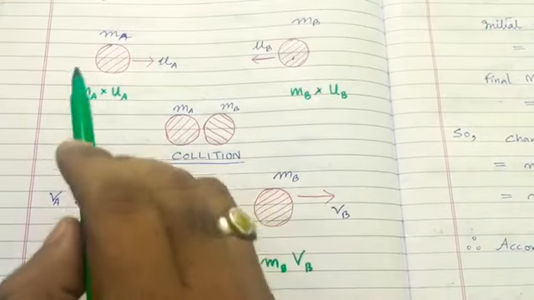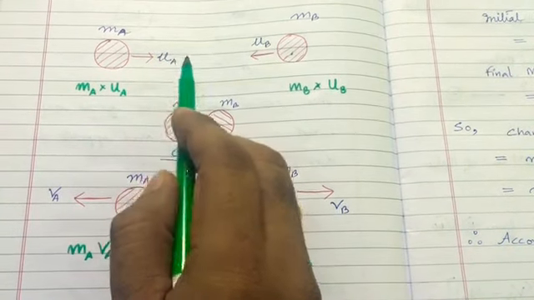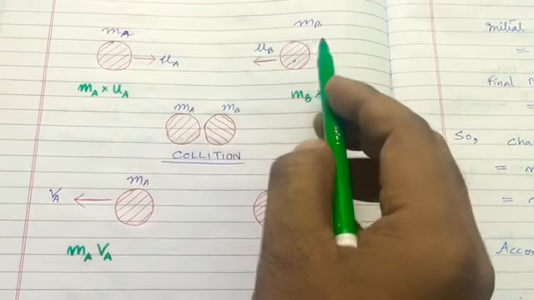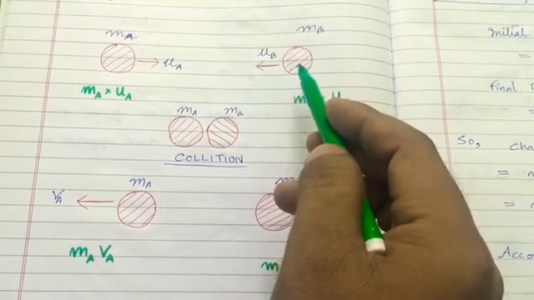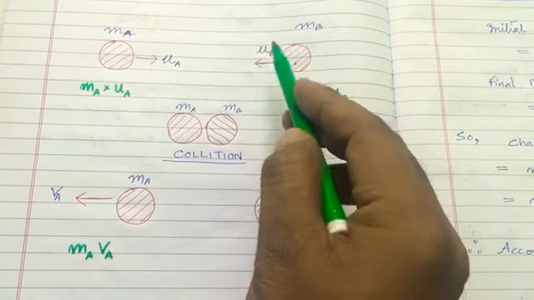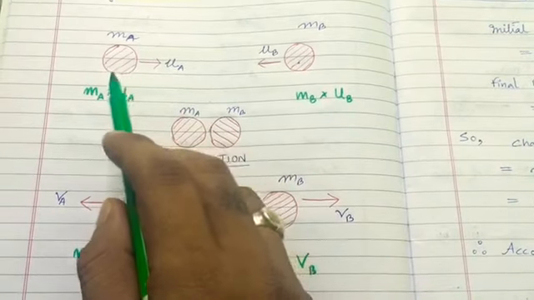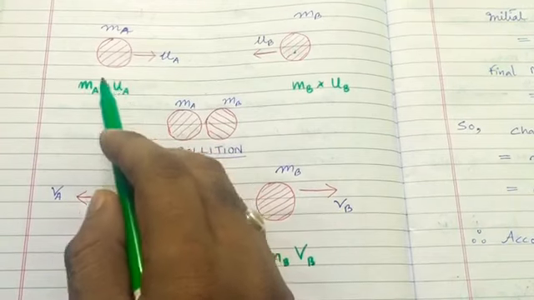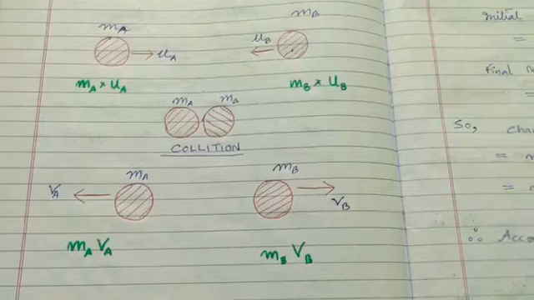Now when this ball is moving, okay, then it has the initial velocity of UA. Similarly, MB ball যেতিয়া এইফালে ডাইৰেকশ্যনত মুভ কৰি আছে, তাৰ ভেলচিটি UB, মানে ইনিচিয়েল ভেলচিটি UB। যিহেতু মুভ কৰি আছে, since it is moving, there will be some momentum as well, isn't it?